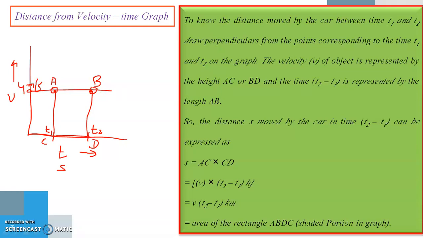So that is uniform motion. For any uniform motion, the graph will always be parallel to the x-axis. Now here, draw perpendiculars from the points corresponding to t1 and t2 on the graph.